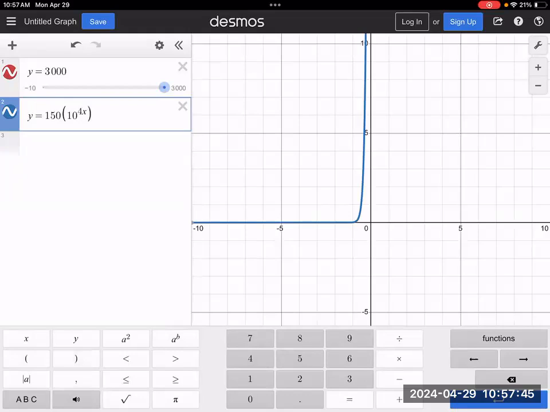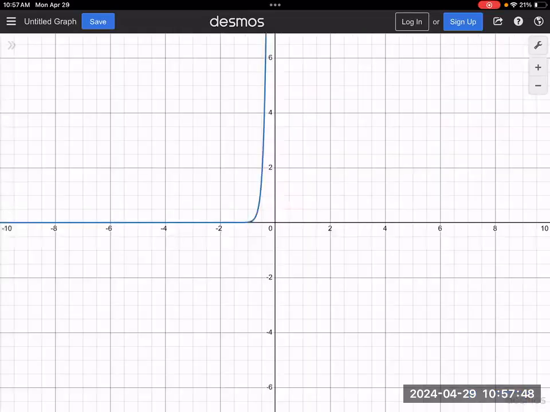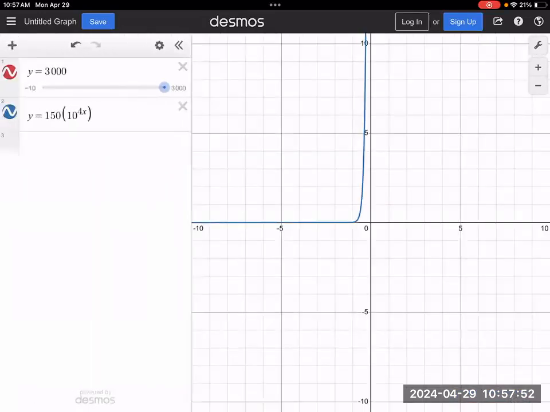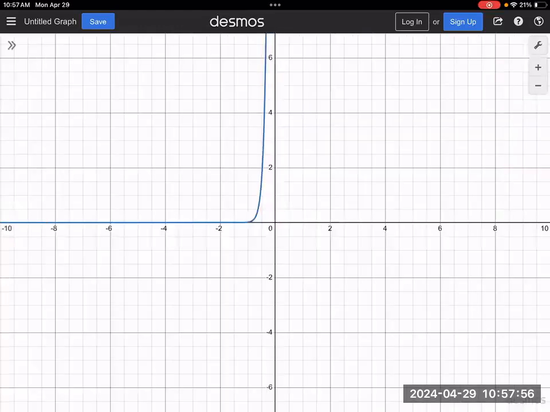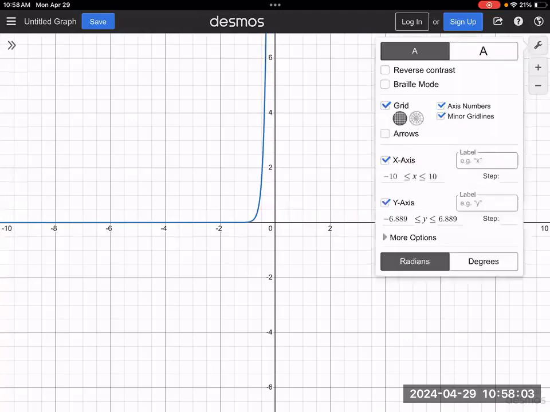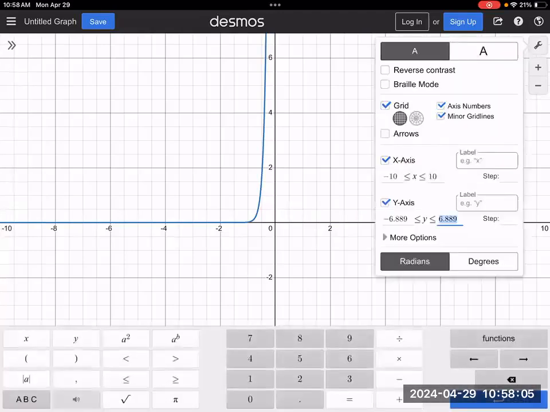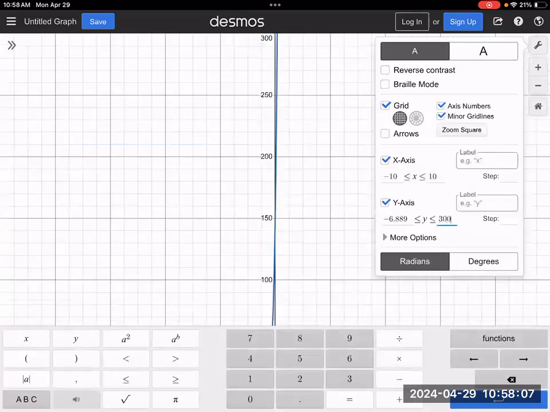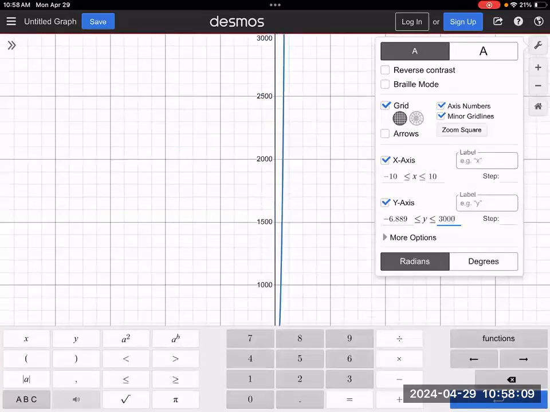Close your parentheses. Now we might need to change your window a little bit because we're trying to find where they intersect. Notice that where y is equal to 3,000 is huge, and our y values actually do not go all the way that high. So we're going to have to change it a little bit. Instead of saying 3,000, we're at the very tippity top. There we go, 3,000.